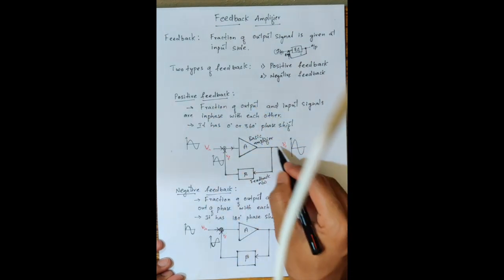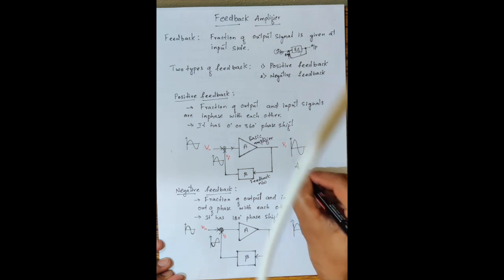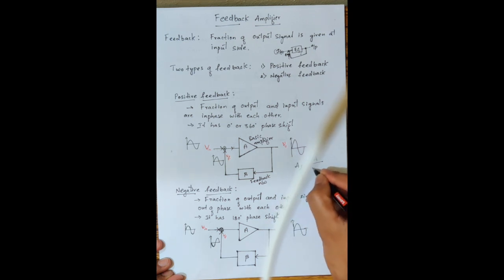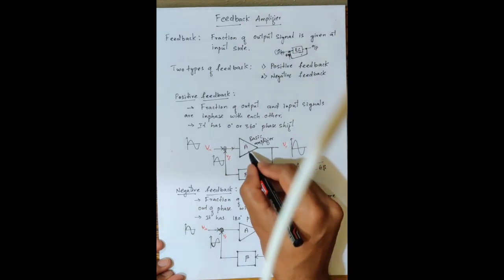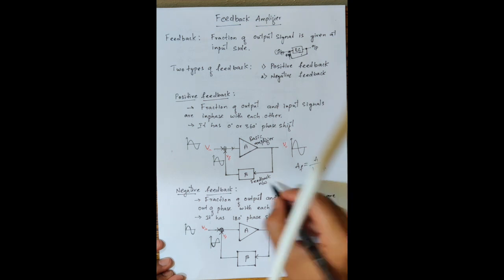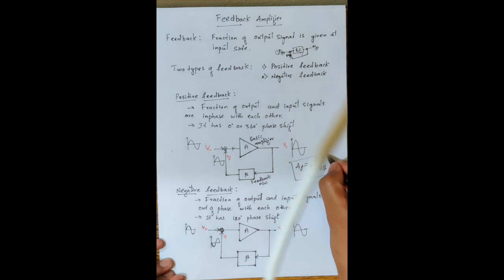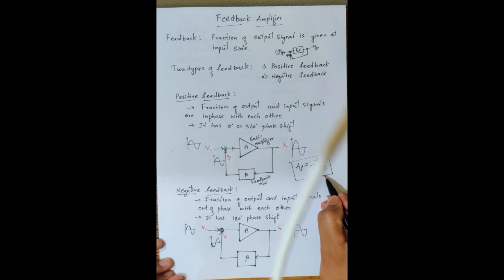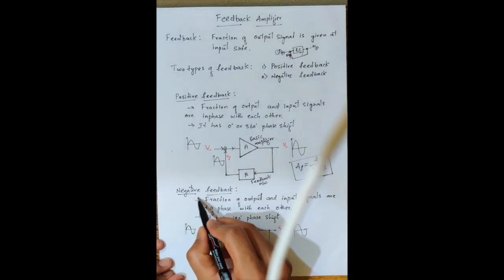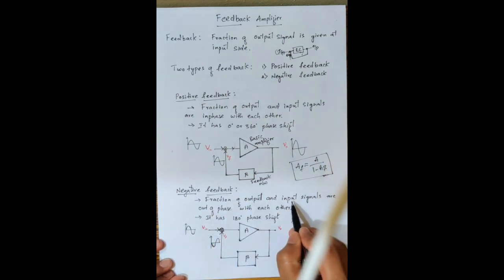And the total gain of this feedback amplifier is A divided by 1 minus A into beta, where A is the gain of the basic amplifier and beta is the gain of the feedback network or feedback factor. So this is the total gain of positive feedback networks, that is A by 1 minus A beta.